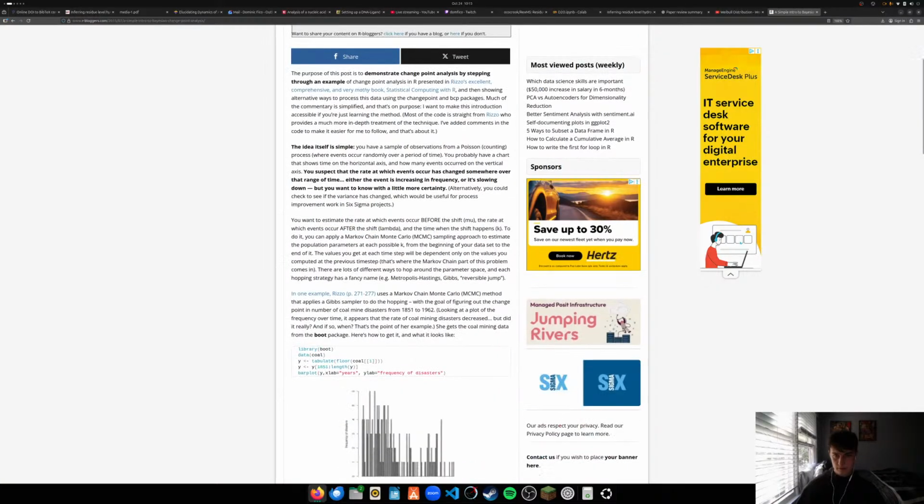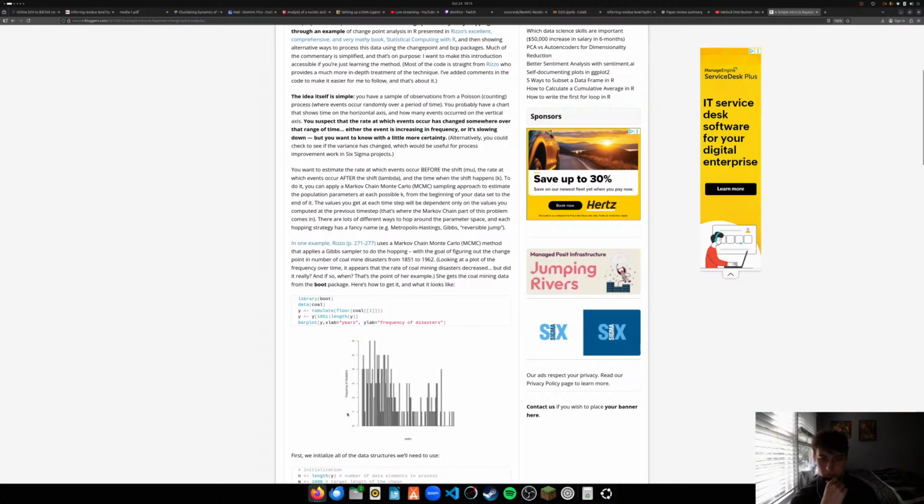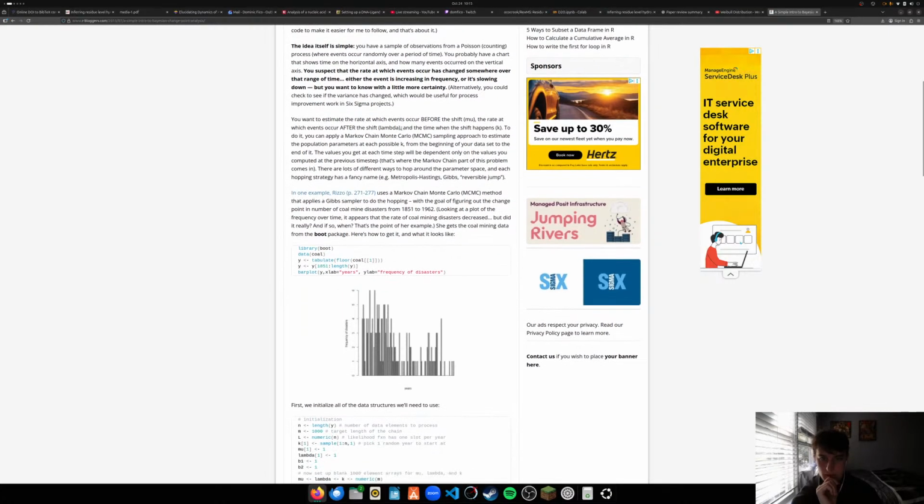Let's try and actually read this though. You probably have a chart that shows time and how many events. The rate at which events occur has changed somewhere over that time. So this would be the frequency, and the frequency could have increased over some period of time. You have to estimate the rate at which the events occur before the shift.